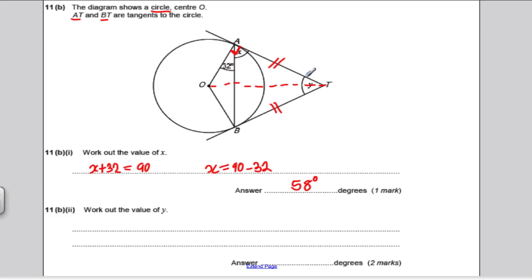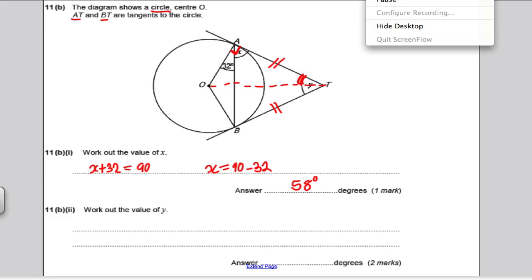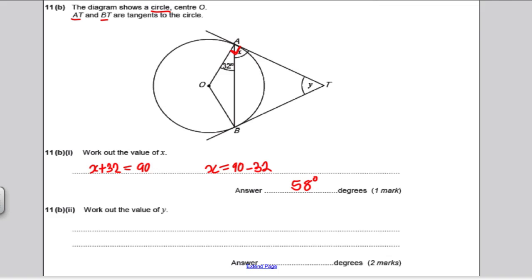And we're trying to work out this angle here, this y angle here. Now, we've got this angle x is 58. We've got this is 32. We know that's 90. So we know that this x angle in here is 58 degrees.